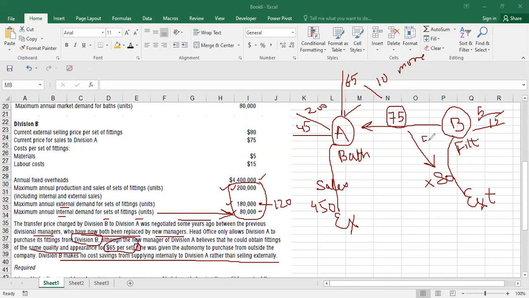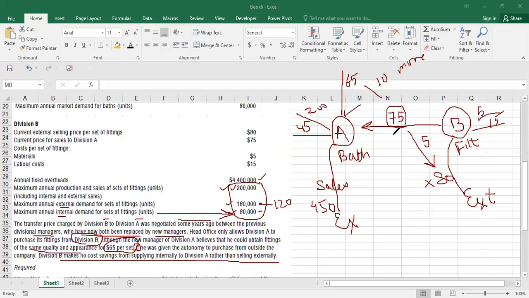So he thinks that he is also making a loss. So with the existing scenario, both parties are unhappy. A thinks that I am buying expensive, and B believes that he is selling cheap. So this is the existing scenario.